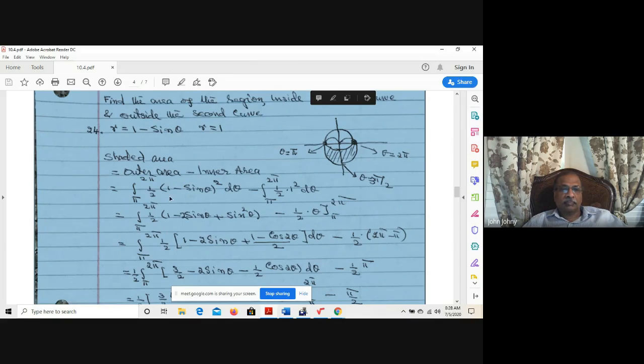So minus the integral from pi to 2 pi of 1/2 times 1 square d theta. So that is this area, that is inside the circle.